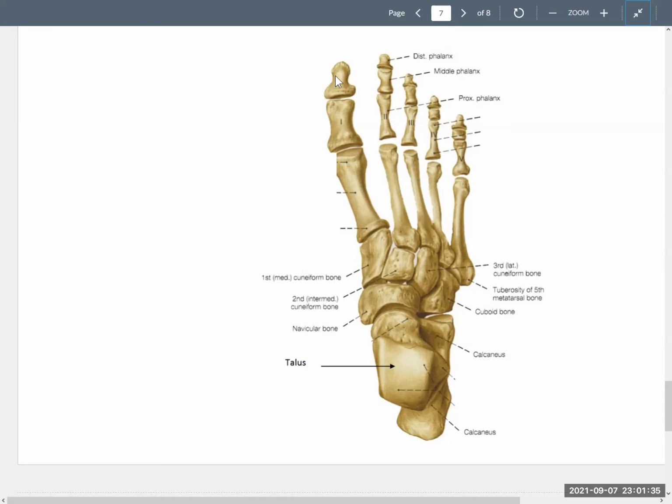The big toe consists of a distal phalanx and a proximal phalanx, just two. The others have distal, middle, and proximal, all the rest of the way across. The big toe in anatomical position is medial and is number one still.